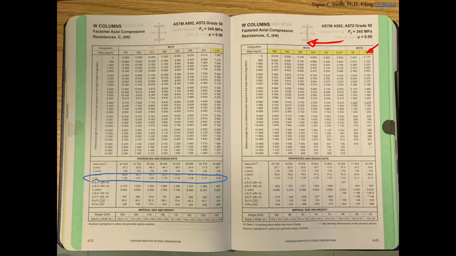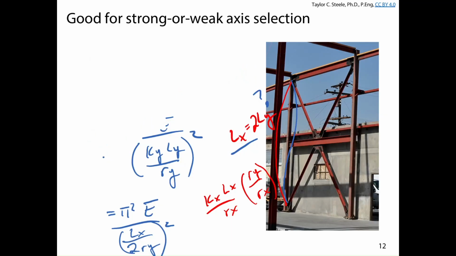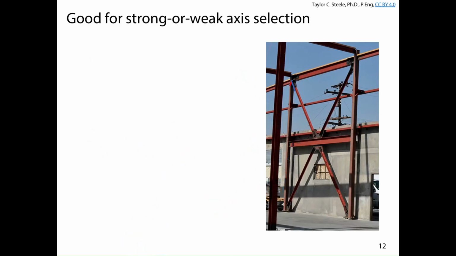Let's just say, for example, Lx is equal to 8,000 millimeters and Ly is equal to 4,000 millimeters, twice Ly.